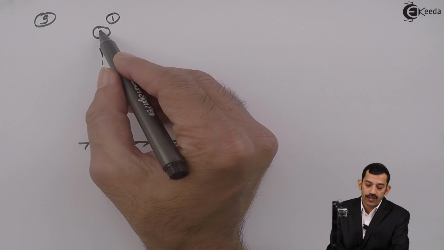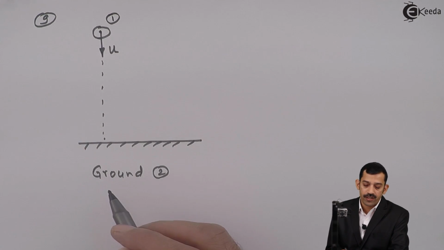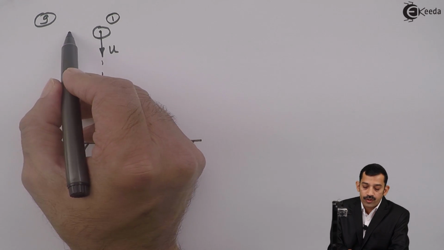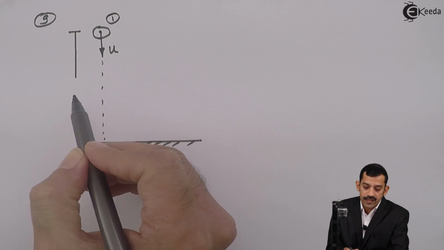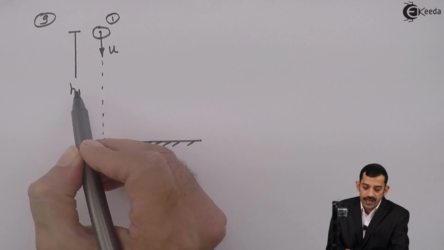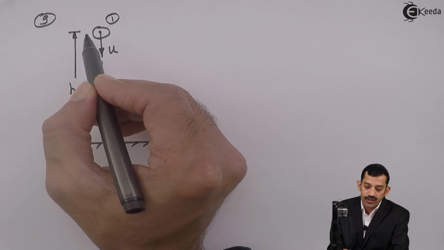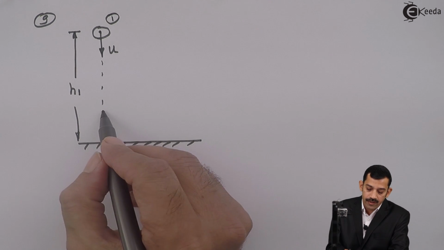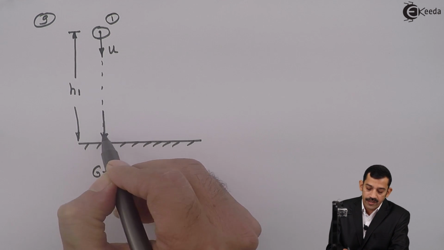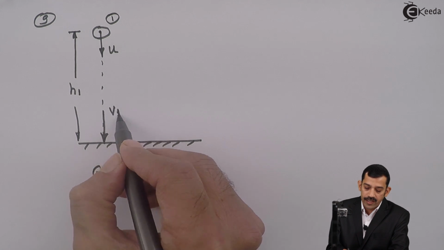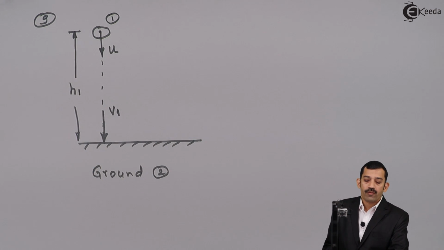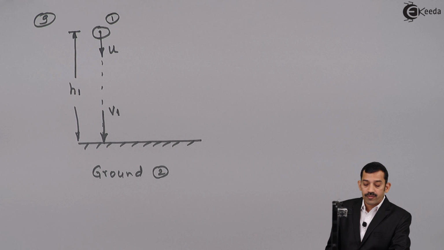Now when any body is thrown in the downward direction with some initial velocity through some height, say h or maybe h1, what is the velocity with which this body strikes the ground? This is body 1, therefore I will write v1, the velocity of body 1 just before impact.